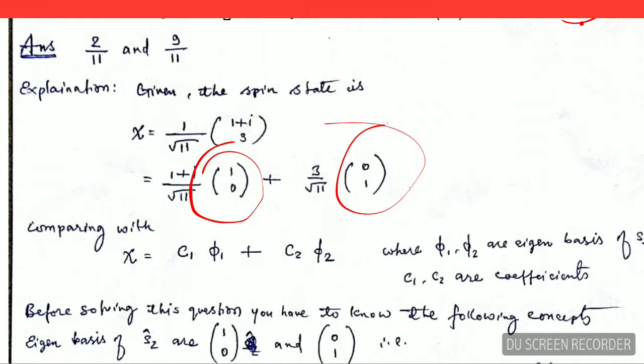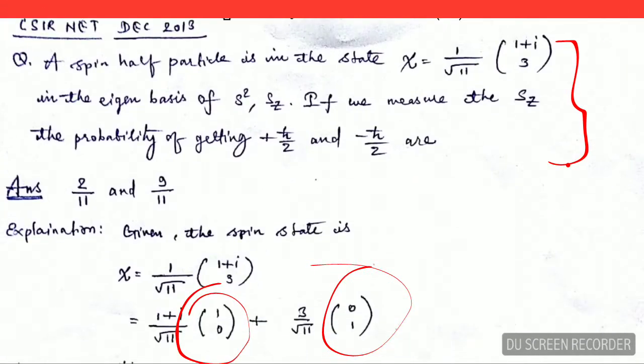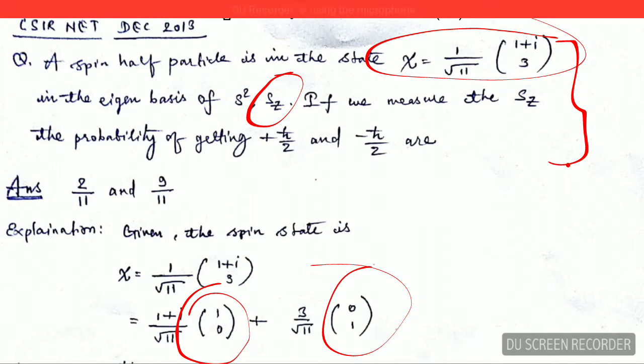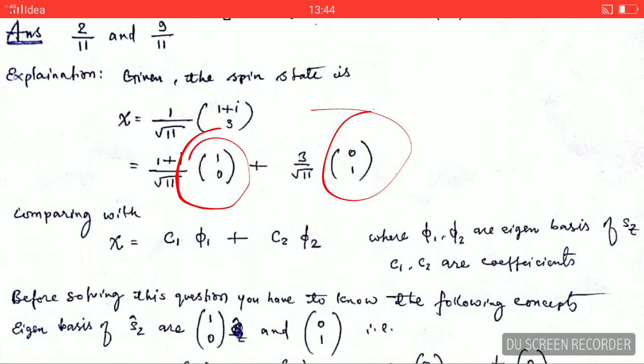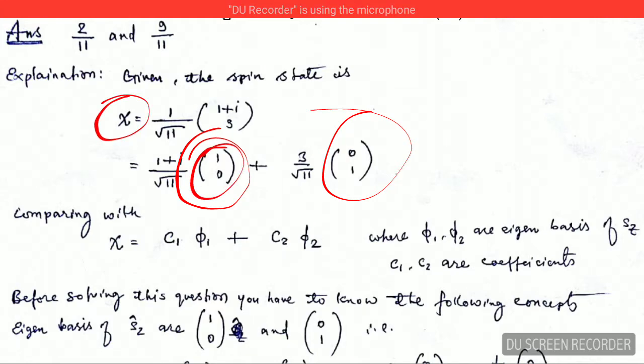The answer is that in the question they have already given us that this state is in the basis of Sz. So that's the reason why I have written this state in the basis of Sz. These are the basis of Sz, that's why I have chosen this one.